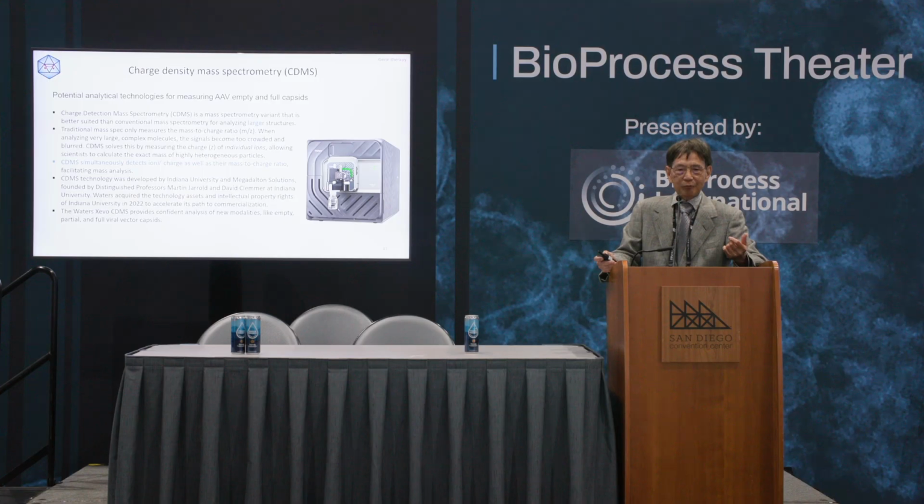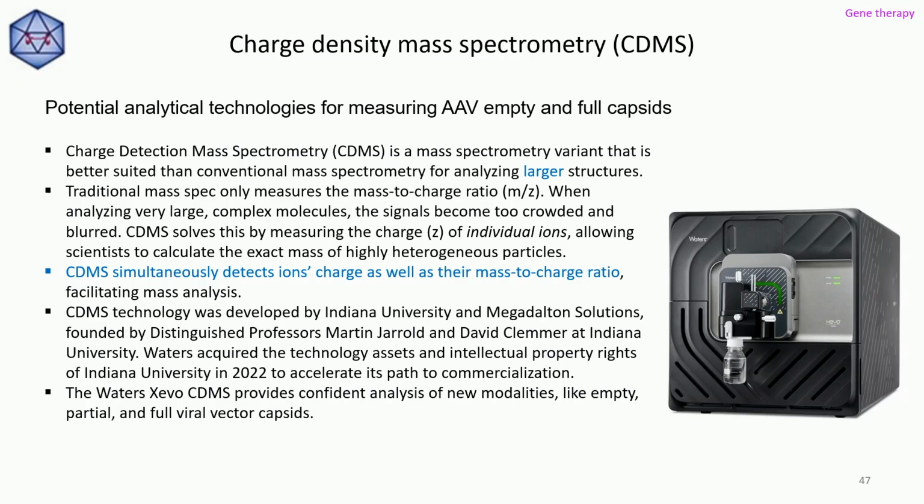Okay, so we come to the last one, which is CDMS. CDMS is based on charge detection mass spectrometry. This is also a mass spec, but it's for high molecular weight molecules. With this technology, basically, they can measure the m over z, so mass over charge. At the same time, they can measure the charge of the individual particle.